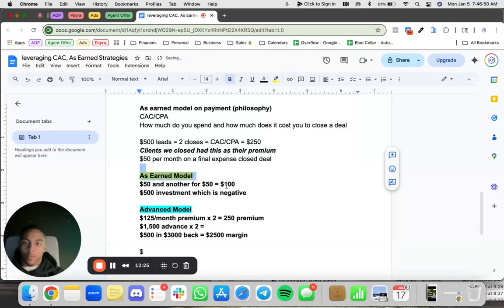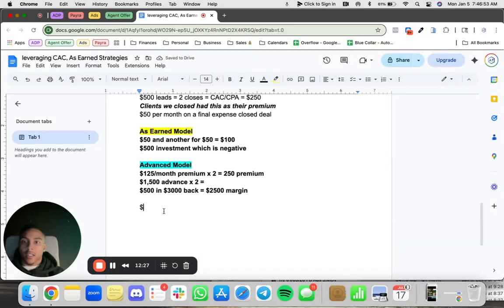So now we're going to say this one is $125 and another $125, which actually equals $250. So I actually broke even in this example. So $500 investment made me in return $500 back. So I broke even.